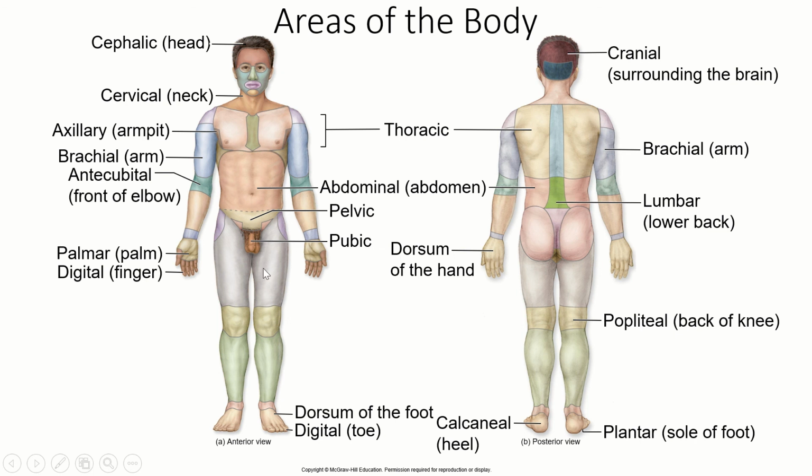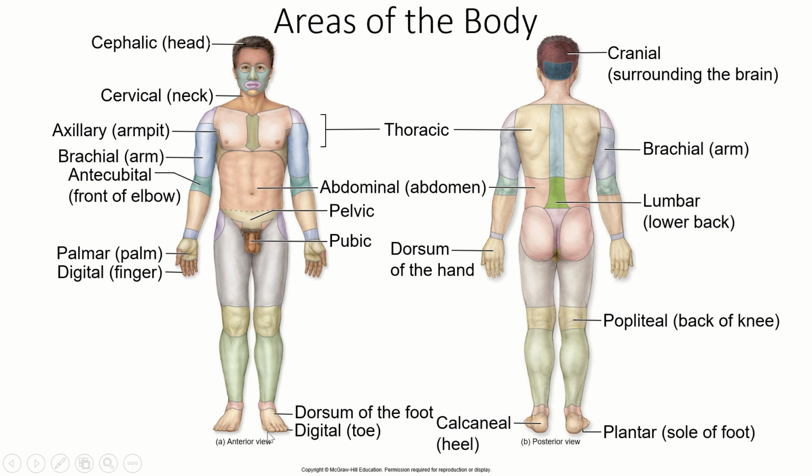The pubic region has the pubes, the pubic structures. The back side of the hand is called the dorsum, or the dorsal side of the hand. Dorsum is the noun, dorsal is the adjective. The dorsum of the foot, notice, is the top side of the foot.